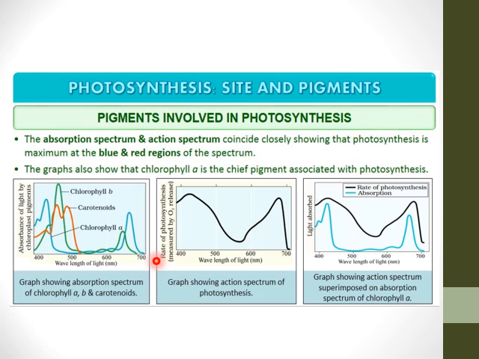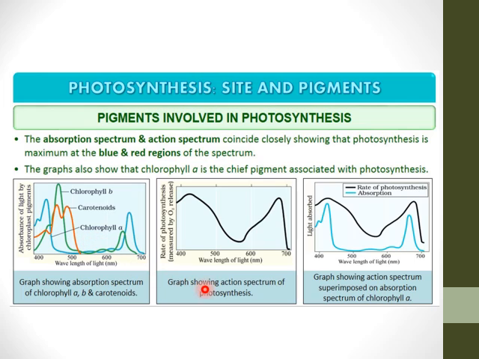So this graph is showing the absorption spectrum of chlorophyll A, B and carotenoid. When we plot the graph against the wavelength of the light, absorption of the light by the chloroplast pigments at the different wavelengths, different peaks are being formed, and the maximum photosynthesis takes place at the blue and the red region of the spectrum.